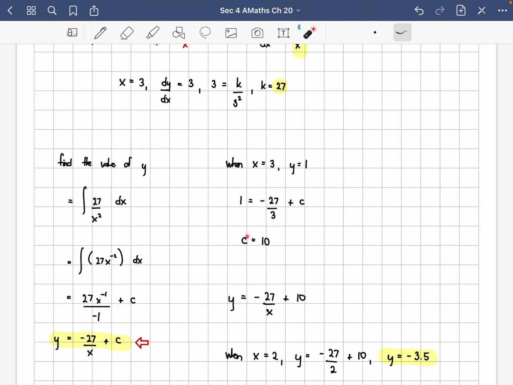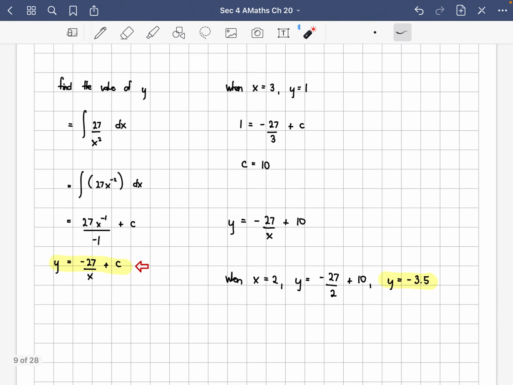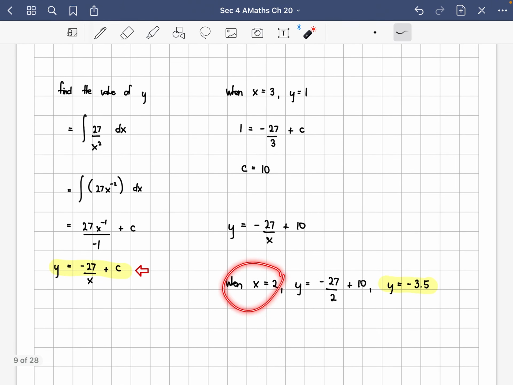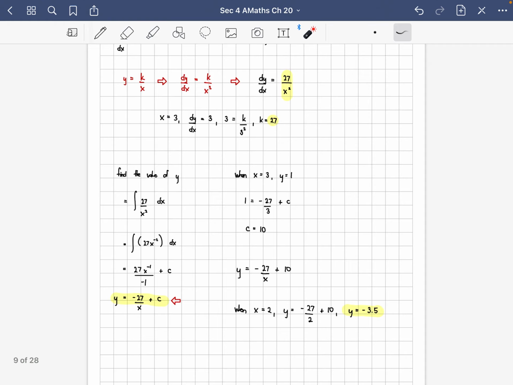Solving for c, c is equal to 10. So this is now our complete equation. And from the final question itself, find the value of y when x is equal to 2. So when x is equal to 2, we just plug in 2 here, and therefore y is equal to negative 3.5. And that's it for number 3.